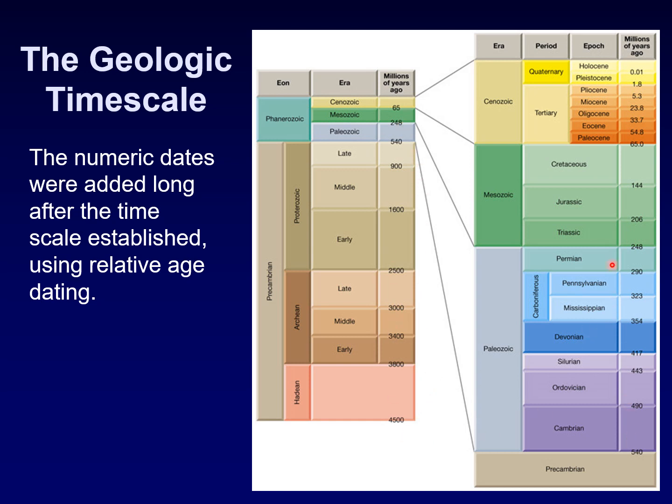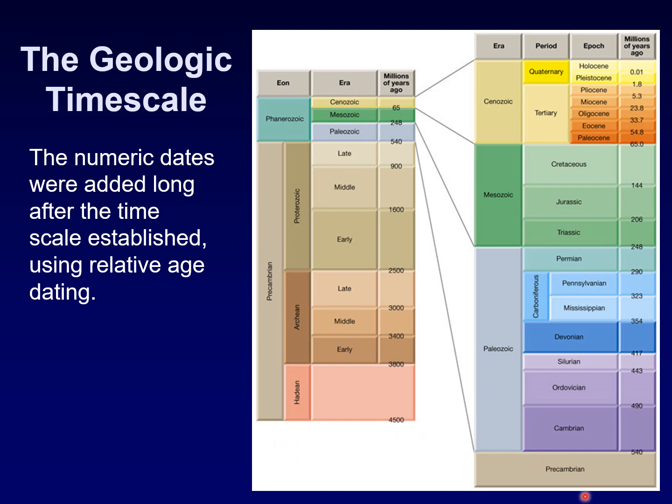And these numeric dates were added after the time scale was established using relative age dating. What's really crazy is guys like Hutton and subsequent sedimentologists put together all this stuff just based on relative age dating.